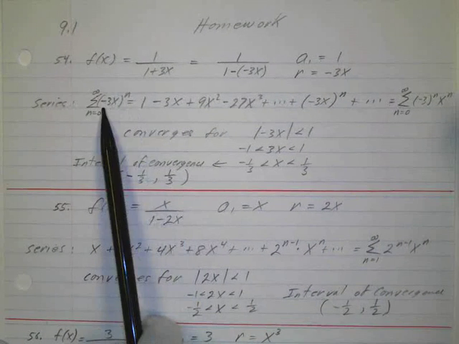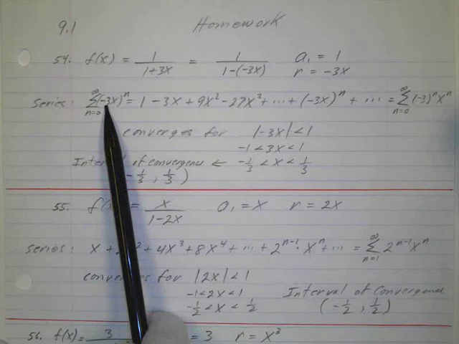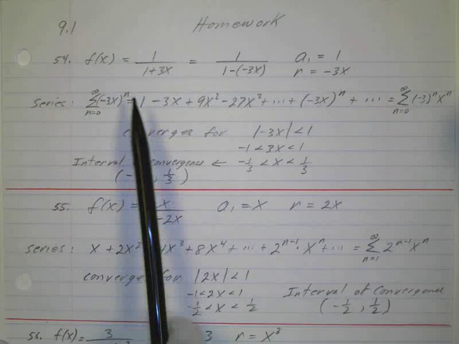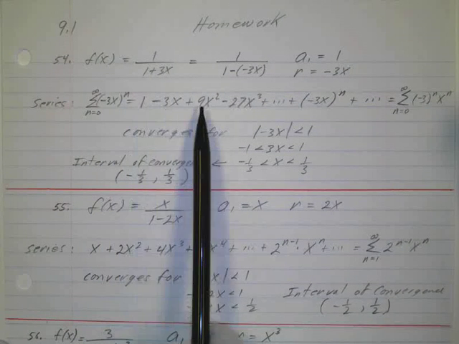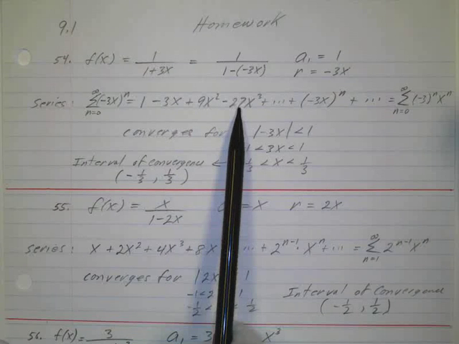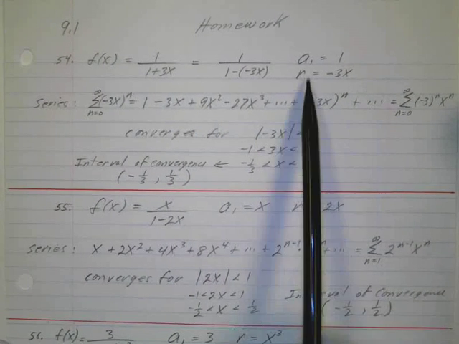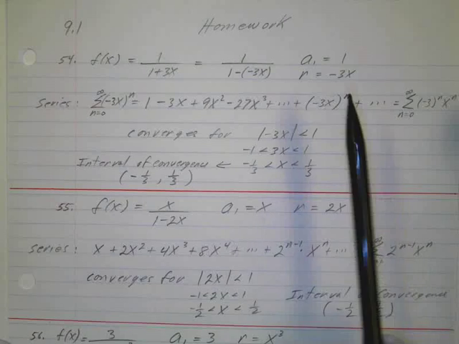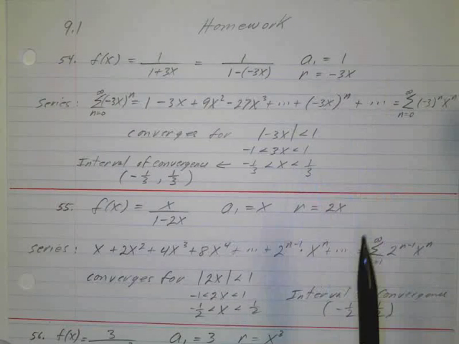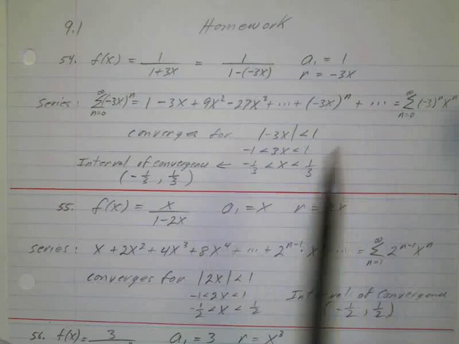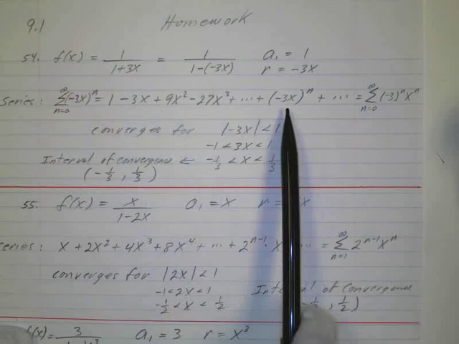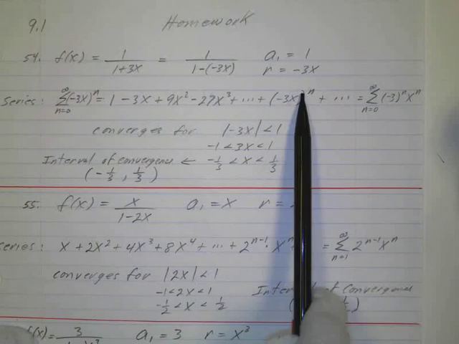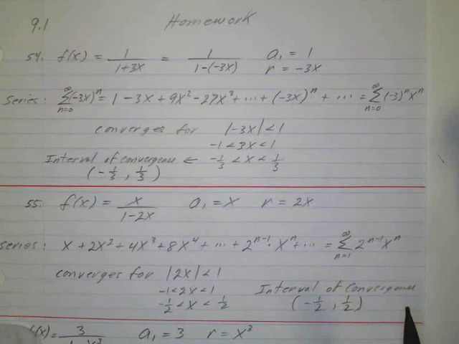So the general formula is negative 3x to the n. When n is 0, I've got 1, then negative 3x plus 9x squared minus 27x cubed, and this conforms to a being 1 and r being negative 3x. So there's your general term.